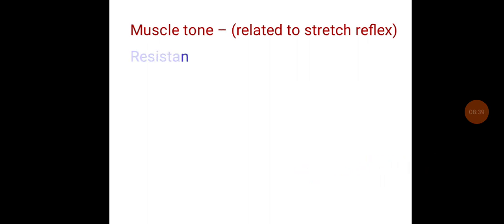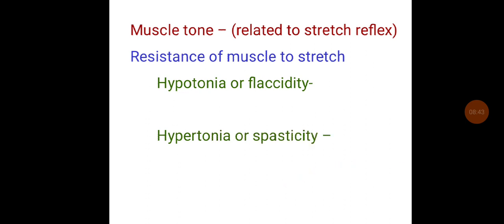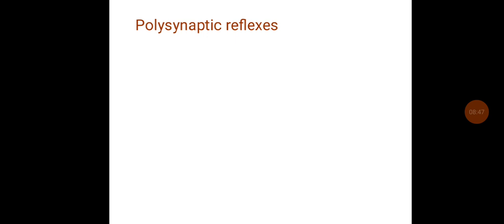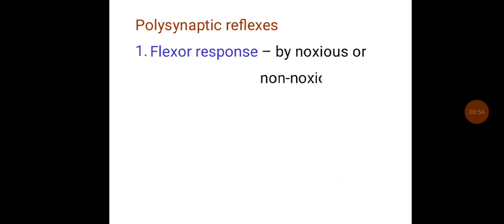Muscle tone is nothing but the resistance of muscle to stretch. There can be hypotonia or hypertonia. Polysynaptic reflexes involve multiple synapses.